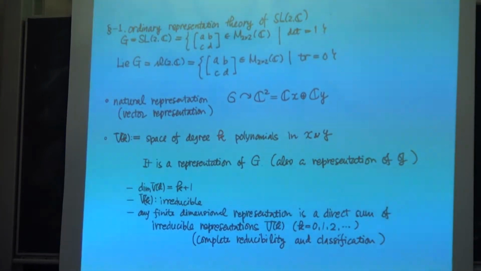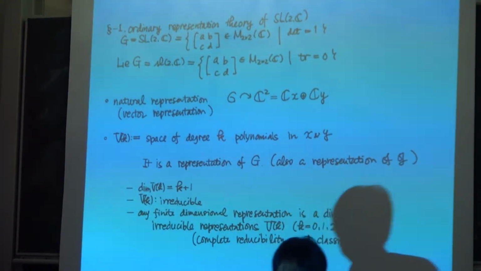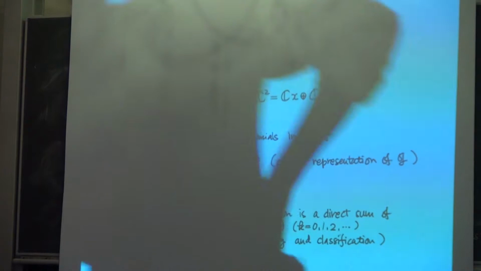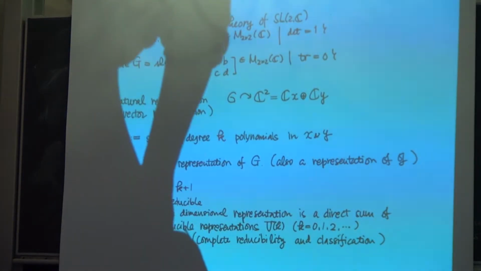You consider C2 as a plane, and SL2C acts as volume-preserving linear transformations of the plane. So you have a natural action, and I usually take coordinates x and y for the plane.